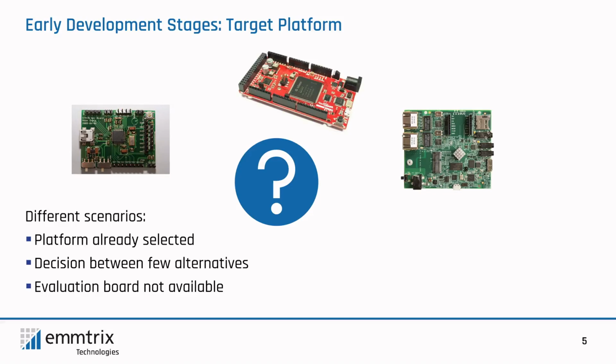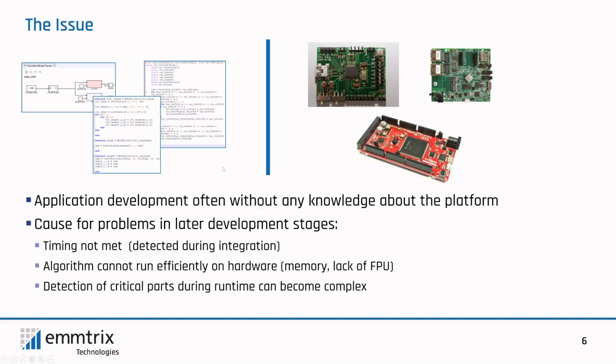Now, what is the actual issue? Well, if you focus during application development only on the functionality without taking the actual platform into account, this might cause problems later on in the development. So it could be that the timing is not met, something that is usually detected during the integration of the whole system, or that the algorithm cannot run efficiently on the hardware.